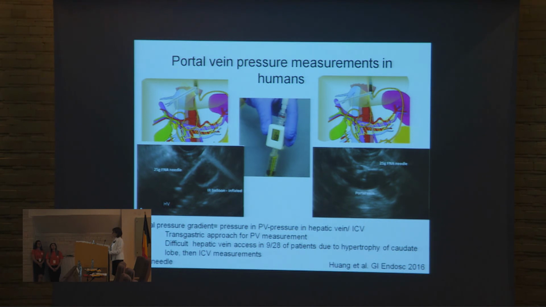So a very tiny 25 G needle was imagined, with a manometer attached, and it's not technically difficult to put a needle inside the portal vein and to measure the pressure, and inside the hepatic vein. Sometimes it could be difficult if the caudate lobe is large. This is a recent study. Of course, we wait for further evaluation, but it could be the future.